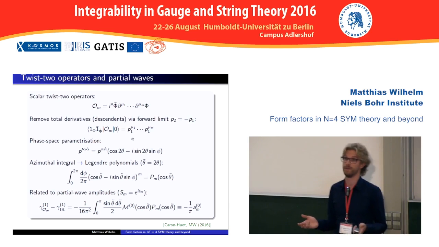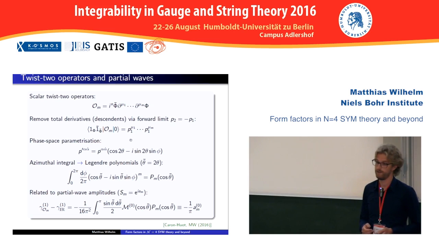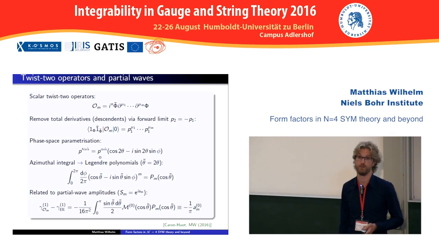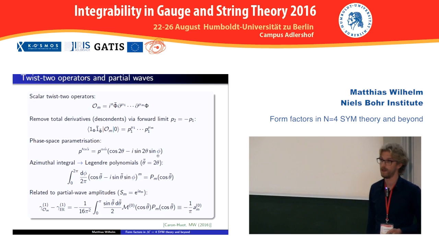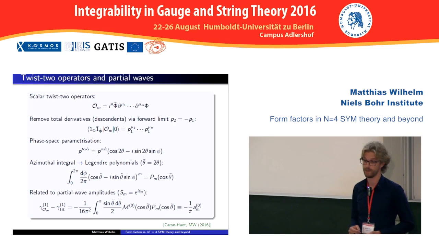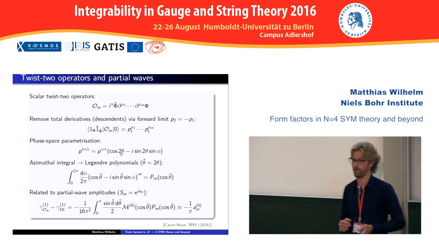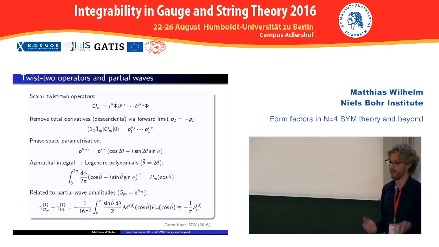If we now insert this explicit parameterization of the phase space integral, we find that the rotated momentum is proportional to the unrotated momentum, and the proportionality factor is just this combination of trigonometric functions. Now, if you look into a table or book on special integrals, you will find that the azimuthal phi integral of this combination to the power m is just the mth Legendre polynomial.